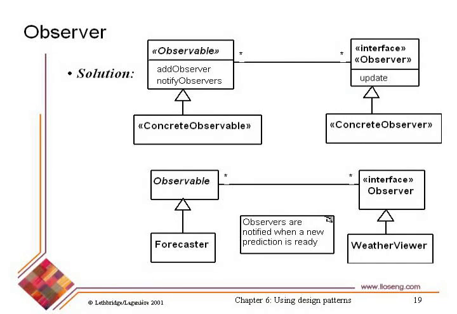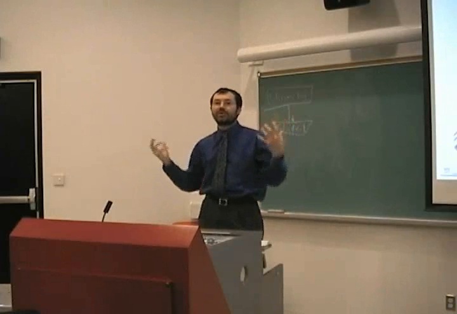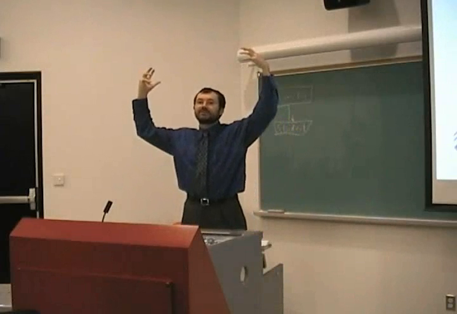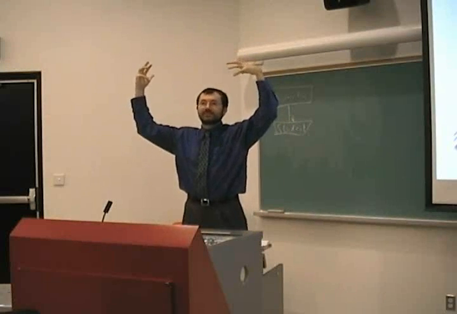Okay, so this pattern of separating concerns, instead of having the forecaster directly connecting to the weather viewer, by having one be a subclass of observable and the other an implementer of observer, pulls up some of those details into these superclasses or interfaces.